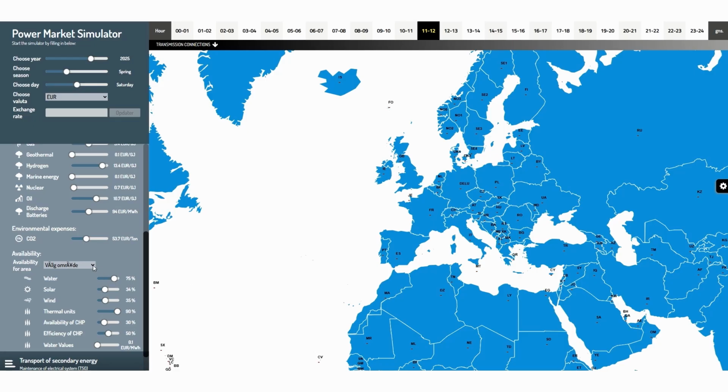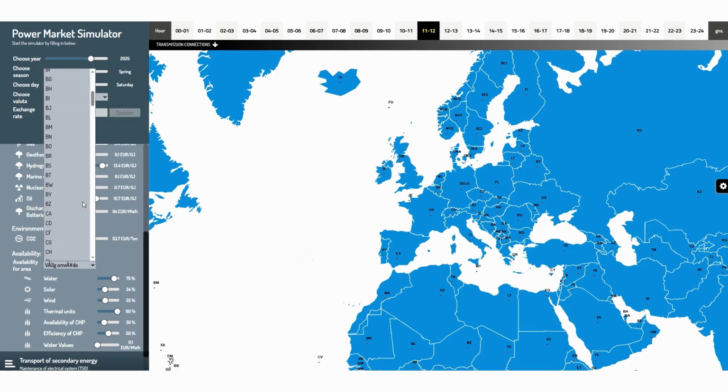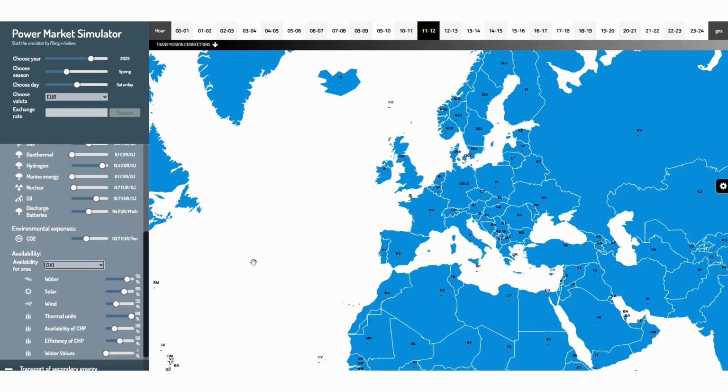But we have to look at how this changes. They will be for DK1 here. Now I say we are during night time here, and look then at the availability for solar. You can see the availability is equal to 0, and during daytime the availability is high.